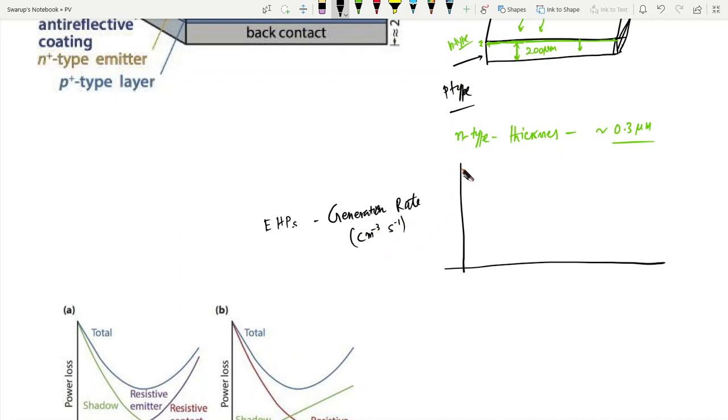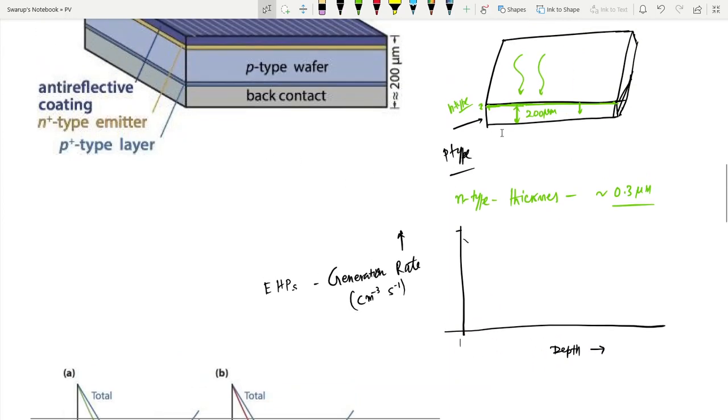So at the surface, now let's define: on the y-axis we have the generation rate, and on the x-axis we have the depth of the cell. On the top surface, the generation rate is maximum.